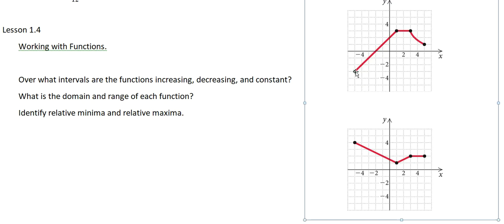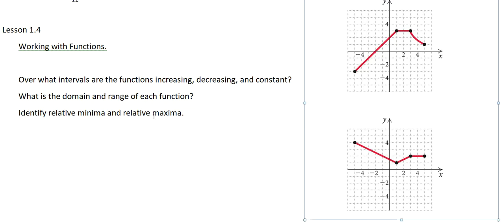Okay, and so the domain, what we can put into this function, is from -5 to +5. What's the range of each function? What can we possibly get out? Well, these are all the possible y values, and they seem to range from -3 to +3.